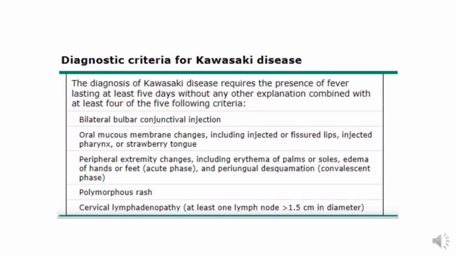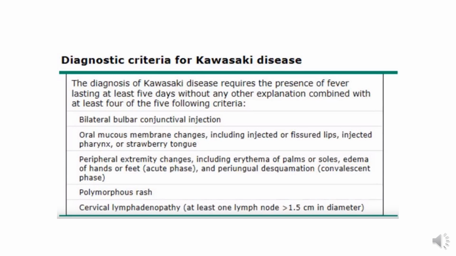The diagnosis of Kawasaki disease requires the presence of fever lasting at least 5 days without any other explanation, combined with at least 4 of the 5 following criteria. First, bilateral conjunctival injection.